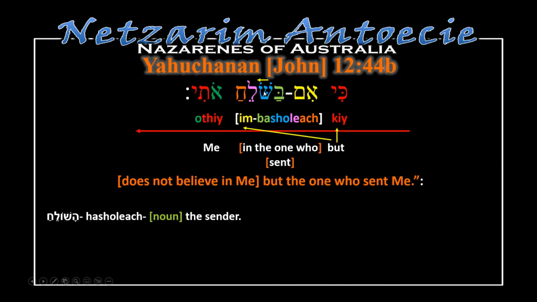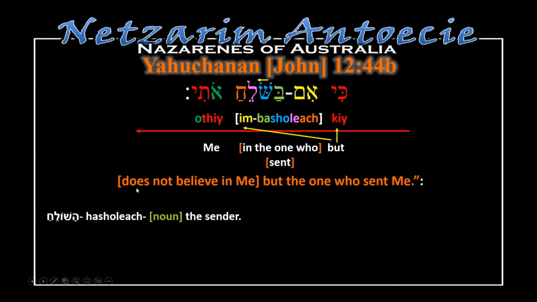Ba-sho-le-ach. Right, in the transliteration. Meaning in, that's the bet again, right? In the one who sent. But in the one who sent. And then we have ot, meaning me.